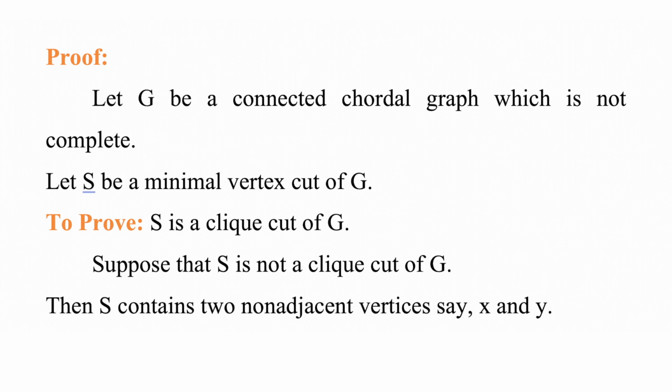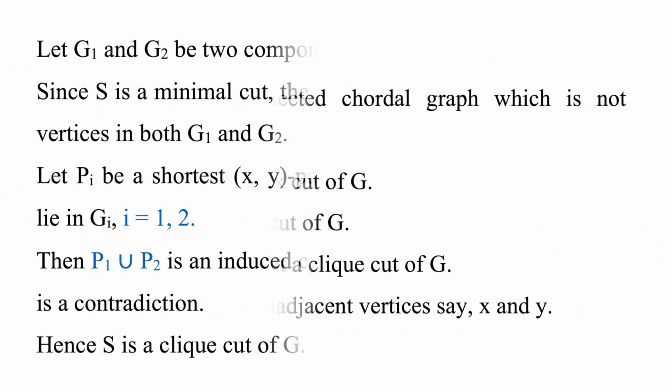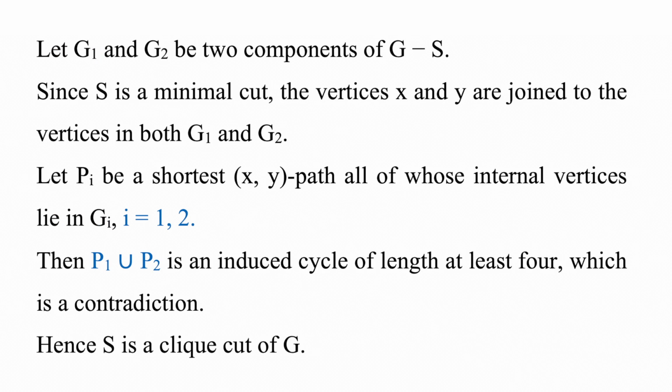Suppose that S is not a clique cut of G, then S contains two non-adjacent vertices, say X and Y. Let G1 and G2 be two components of G minus S. Since S is a minimal cut, the vertices X and Y are joined to vertices in both G1 and G2.